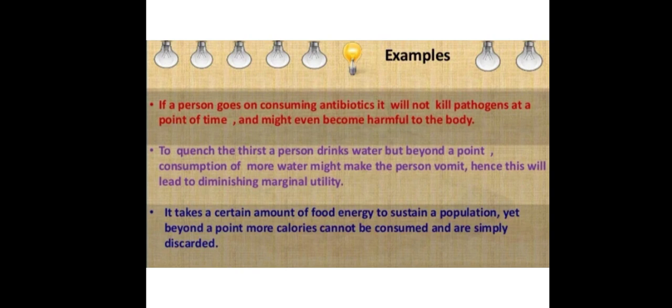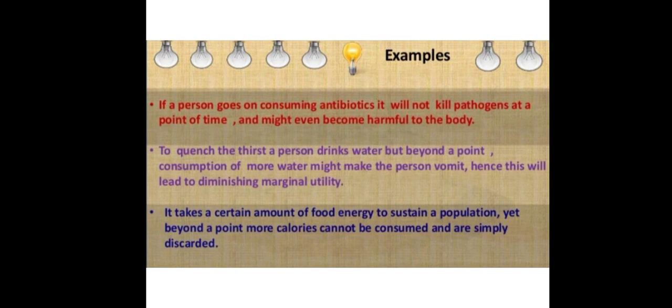That medicine will not affect, उसका कोई फ़र्क ही नहीं पड़ेगा, वो फंक्शन करना बंद कर देगी. If any person goes on consuming more and more antibiotics, it will not kill the pathogens, but it will become harmful for the body. So that is what diminishing marginal utility means, that if we go on consuming more and more units of that commodity, the extra satisfaction will be diminishing, will be less.